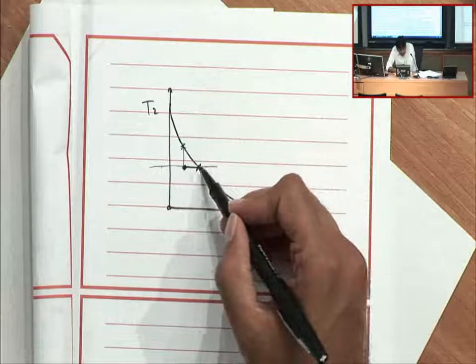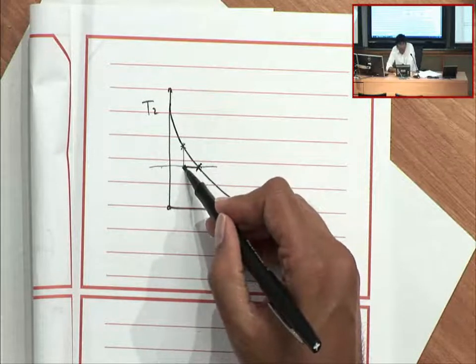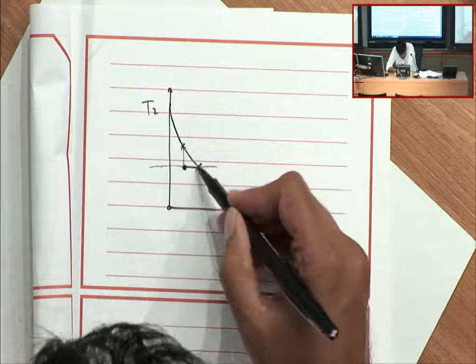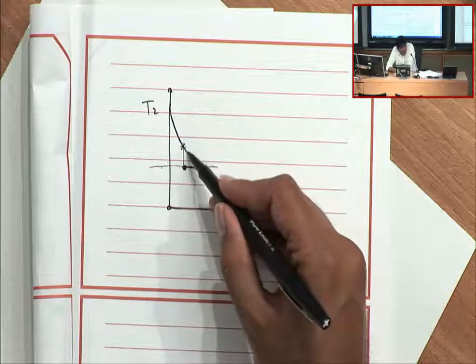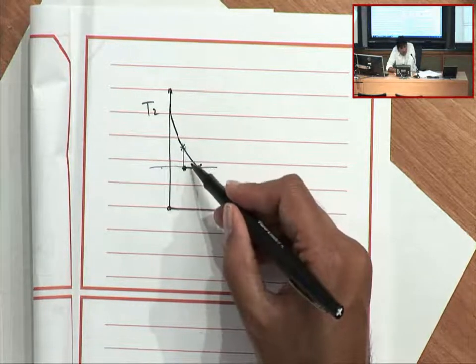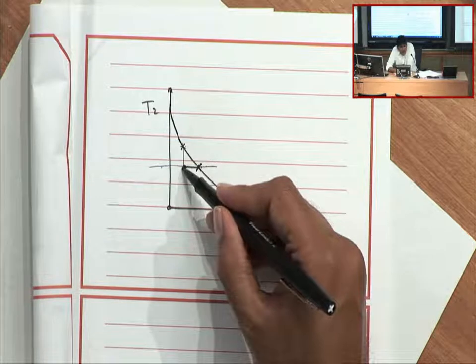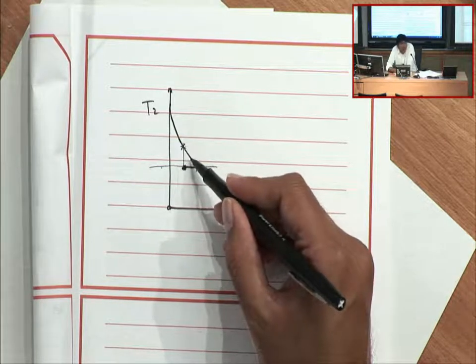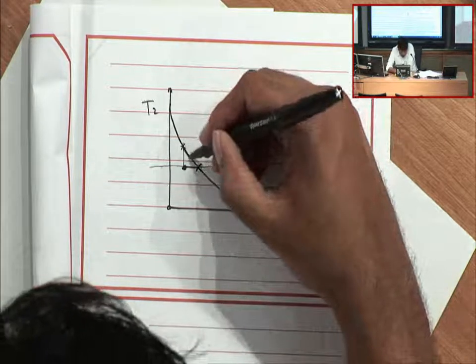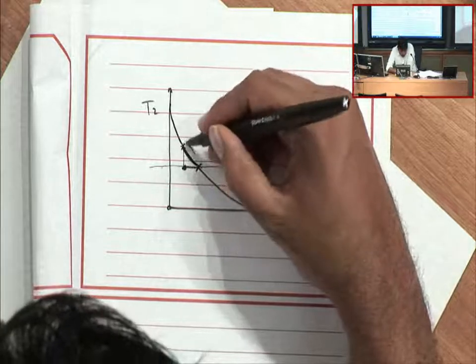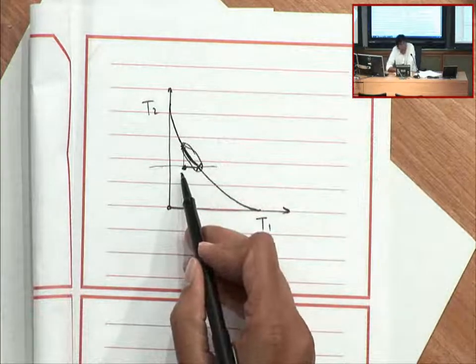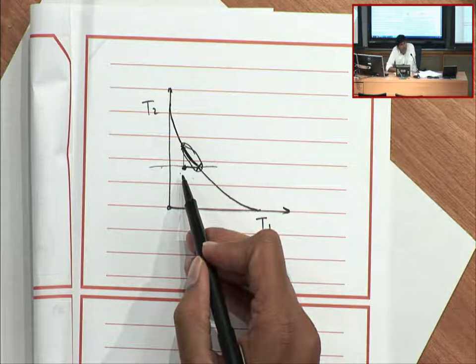So at a minimum, either of these 2 points is preferable to this one, right? In fact, every point in here is preferable to this one, because at every point in here, throughput 1 is higher than you're getting here, and throughput for 2 is also higher than you're getting here. So in fact, all of these points are better off than this one, right?